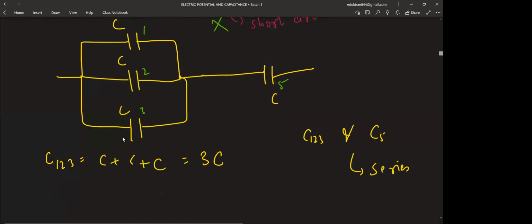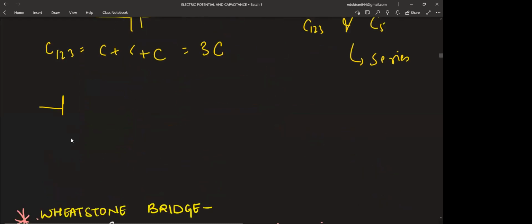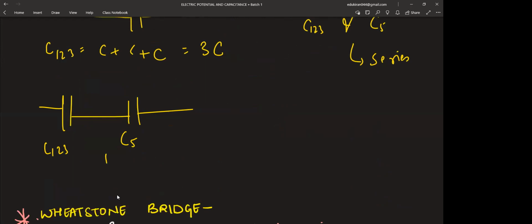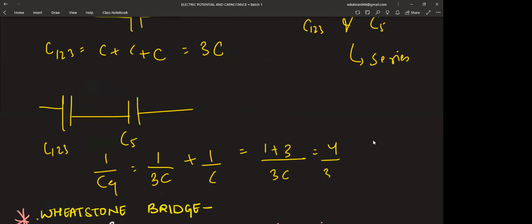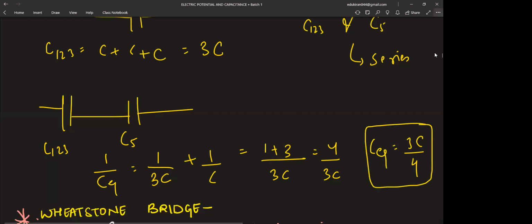So finally 1 by C equivalent will be 1 by 3C plus 1 by C. So this becomes, with 3C, 1 plus 3, 4 by 3C. So C equivalent will be 3C by 4. Write down this answer.